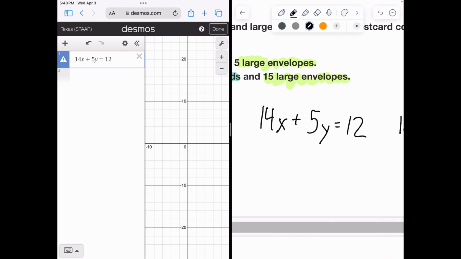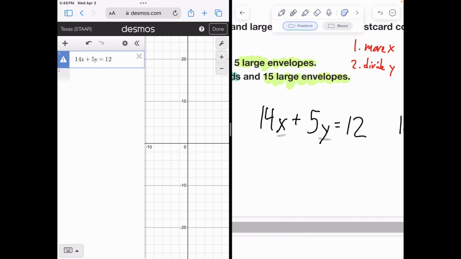If I have my x's and y's on the same side like this, there are two parts we have to do to get the y by itself: move the x over and divide by the number in front of the y.